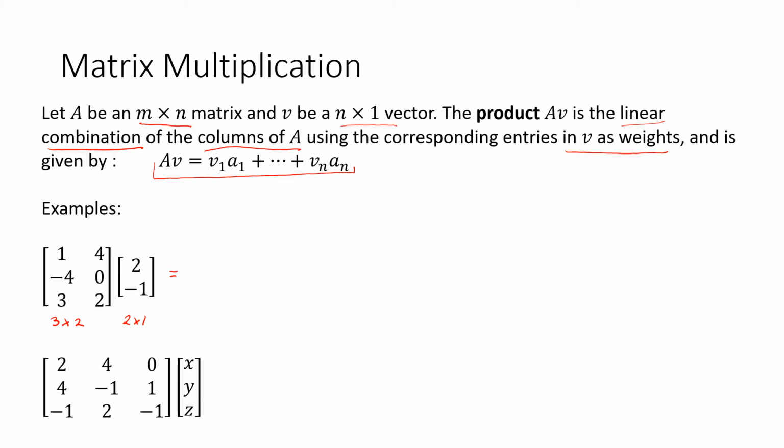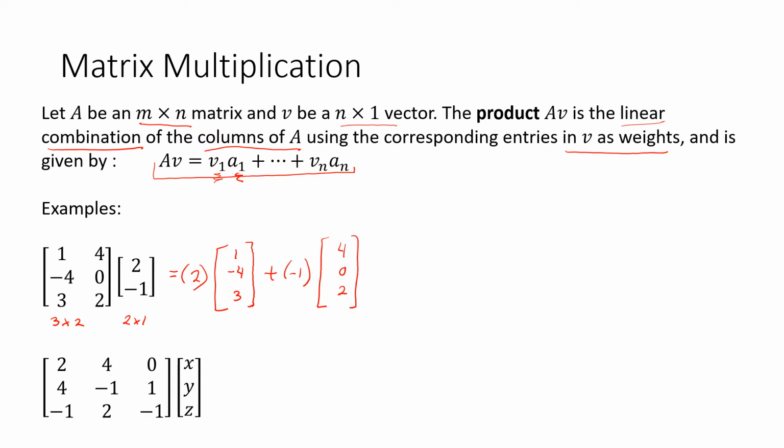If you look at the formula, we are taking the entries of V and multiplying them by the columns of A. So we take the first entry of V, number 2, times the first column, 1, -4, 3, plus the second entry of V times the second column of A, 4, 0, 2.